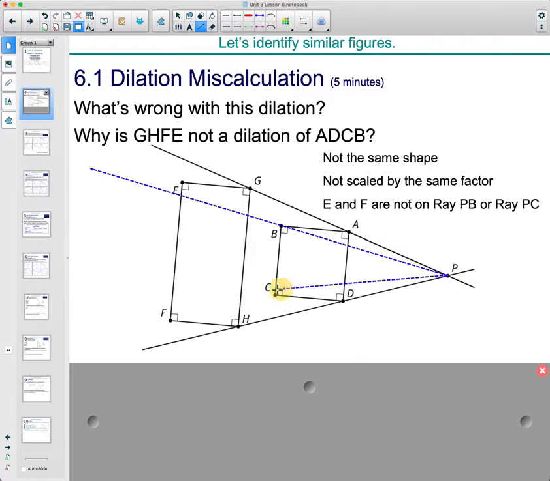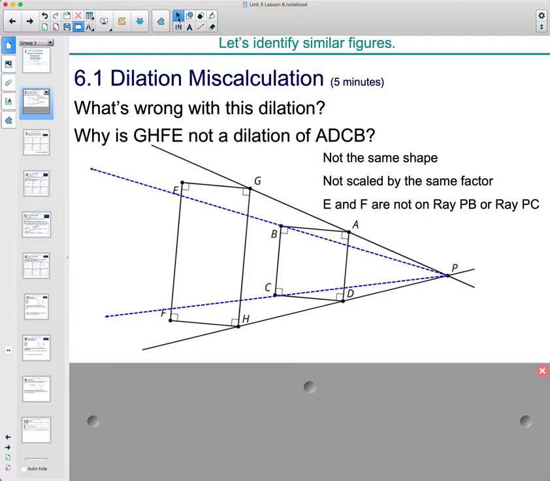When we're dilating, we measure from the center of dilation to the point, and then we continue on that ray. So the image of C would need to land on this same ray, and the image of B would need to land on that same ray. Maybe those were some things you came up with.